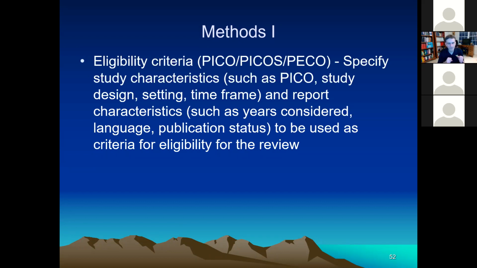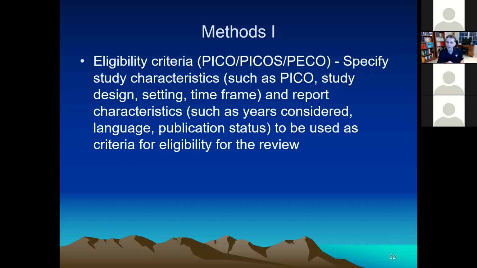Study design, setting, time frame. Diseño del estudio, contexto, contexto temporal. What years you're going to include. ¿Qué años de estudios vamos a incluir? What types of language, English only, Spanish only, any language. ¿Qué tipos de idiomas vamos a aceptar de los artículos que vayamos a buscar? Si solo en inglés, en español o cualquier idioma.